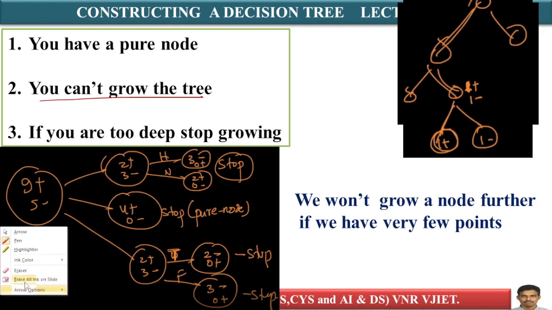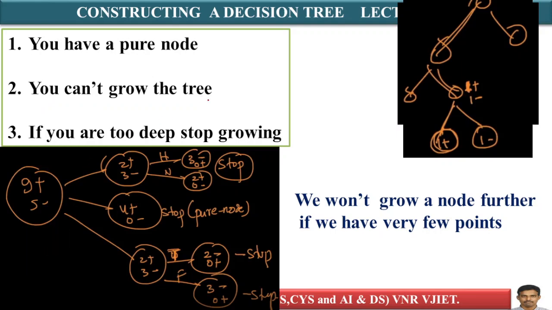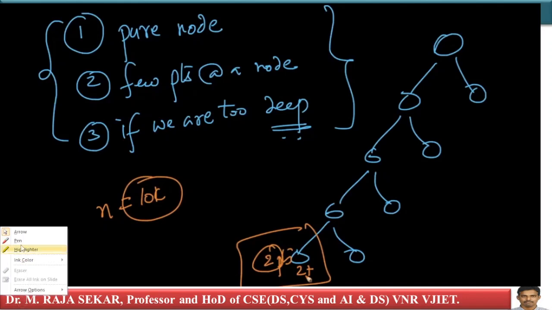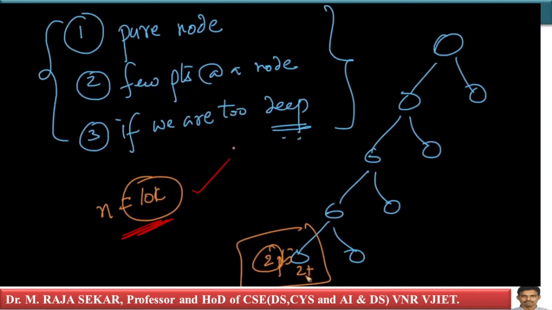Let's try to understand the third case. If you are too deep, stop growing. Imagine my data set size is 10,000 points. I can keep growing my tree long and long. I can make an extremely nested tree.